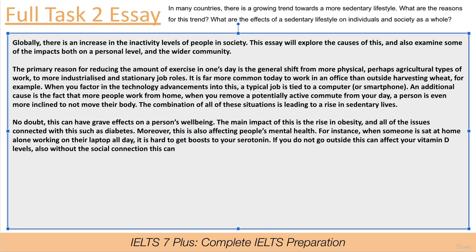Also, without the social connection of a workplace, maybe that's going off topic a little bit, actually.